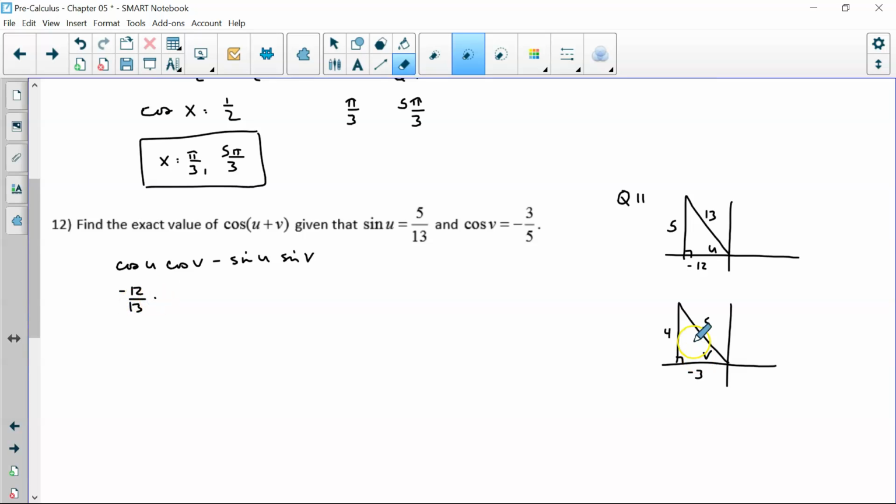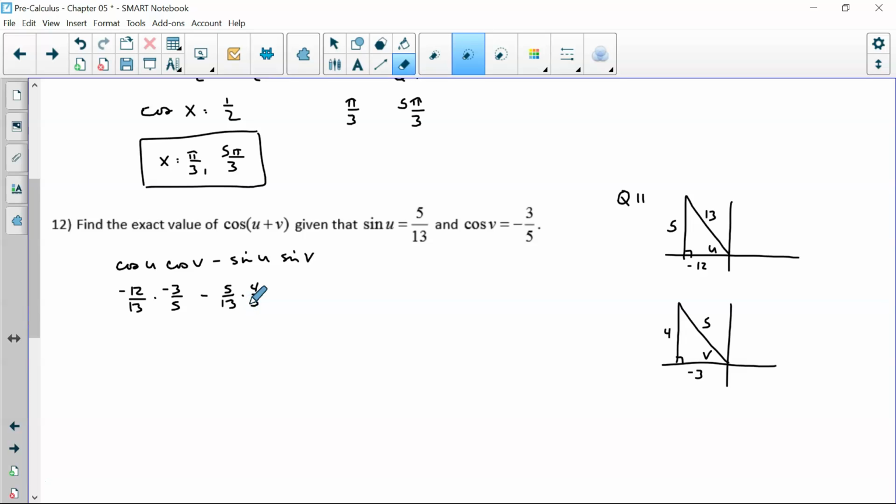Cosine v, in that bottom triangle, we already knew that, that's negative 3/5, minus the sine of u, which we already know is 5/13, that was given to us, times the sine of v. We're down here at the bottom triangle, the sine is opposite over hypotenuse, which is 4/5.